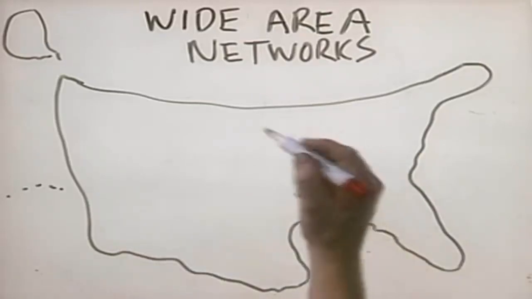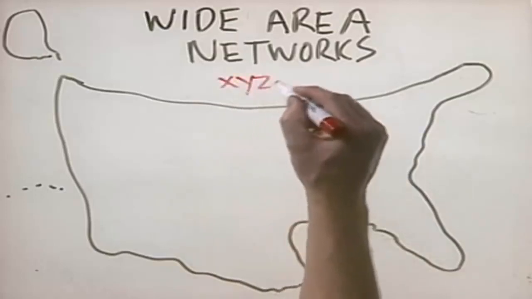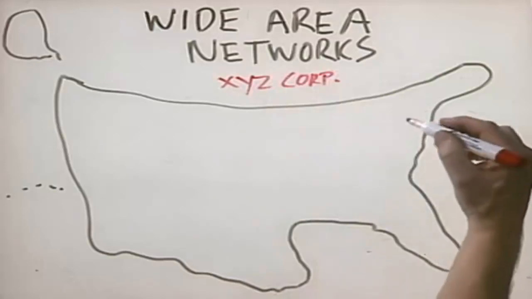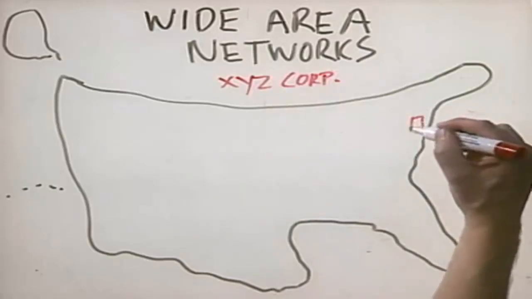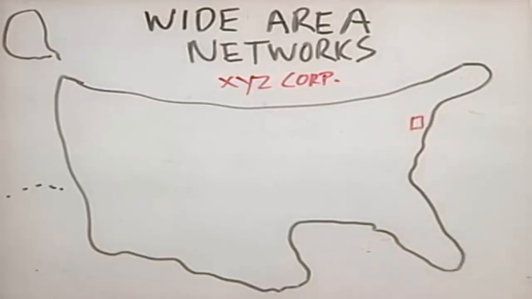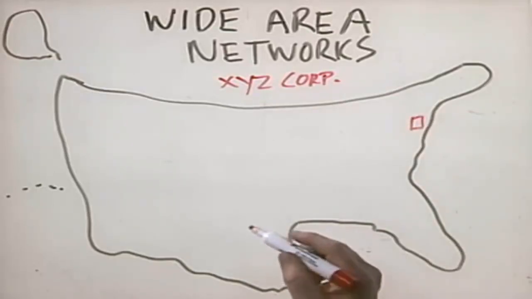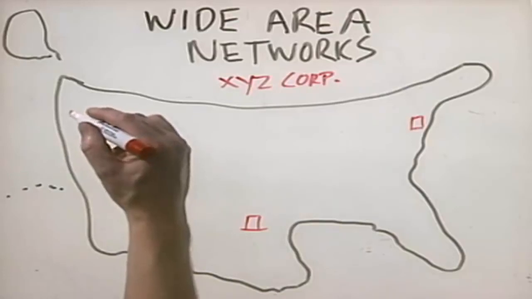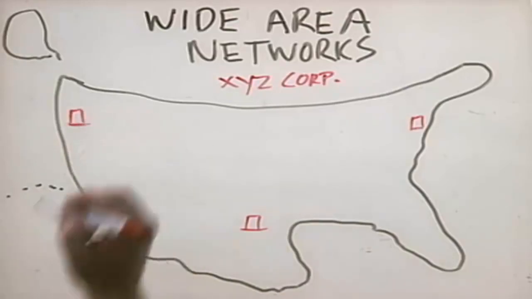For example, suppose we have a company named XYZ Corp. XYZ has an office over here in New York City. They have a local area network. This company also has an office down here in Houston, Texas, and then they also have an office up here in Portland, Oregon.